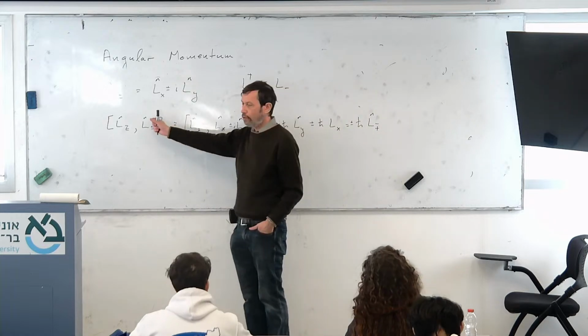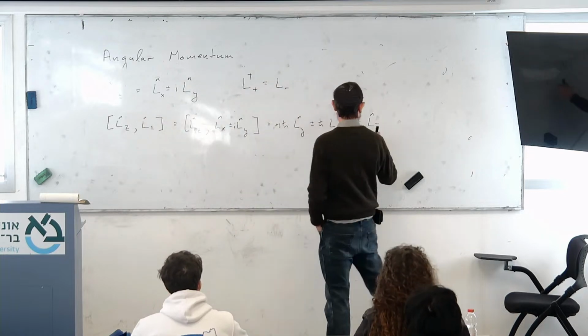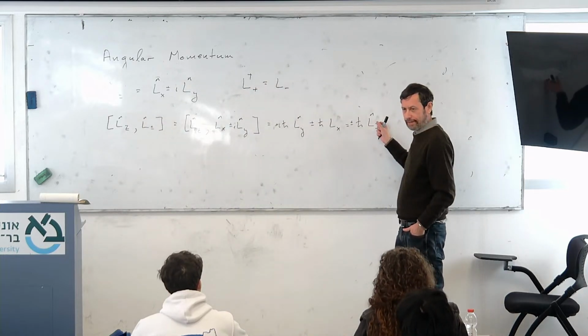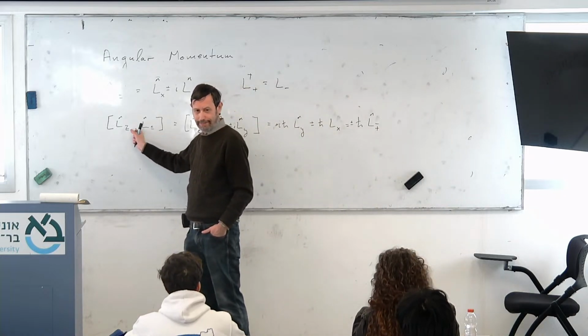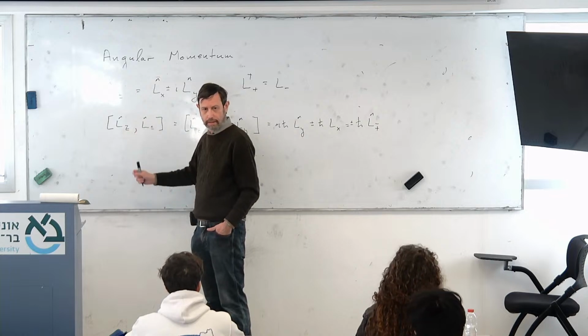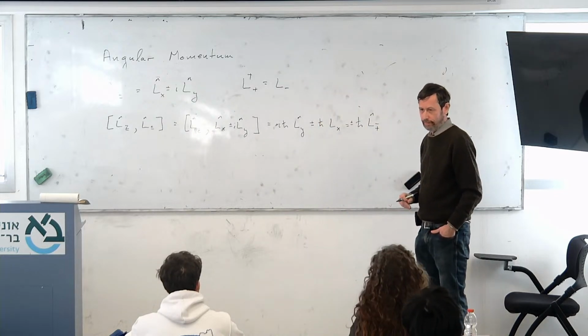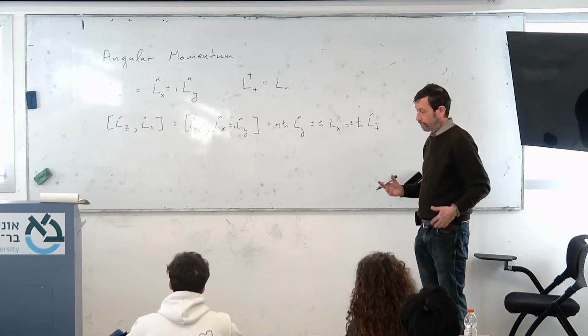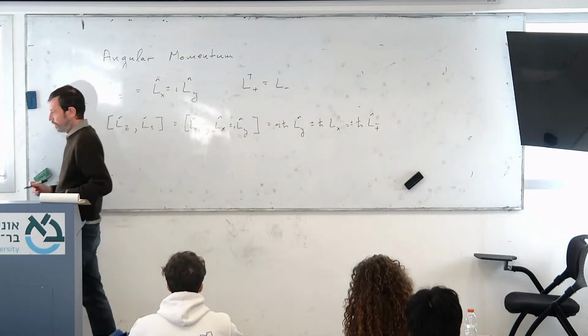So the commutation of Lz with L plus gives me L plus, and the commutation with L minus gives me minus L minus. Don't believe me? Check. Straightforward because we defined already these commutation relations.